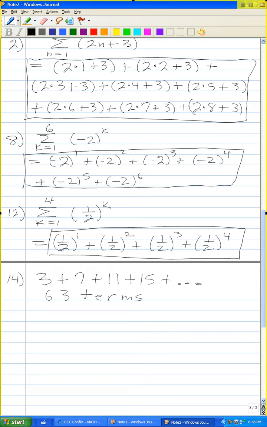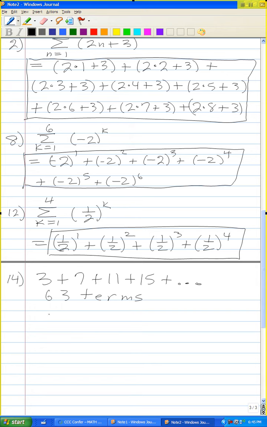If you notice here, in this series I keep adding up a whole bunch of terms, and if I go from 3 to 7, 7 to 11, 11 to 15, what type of sequence is this? Well, notice that this looks like an arithmetic sequence. Therefore, this is an arithmetic series.